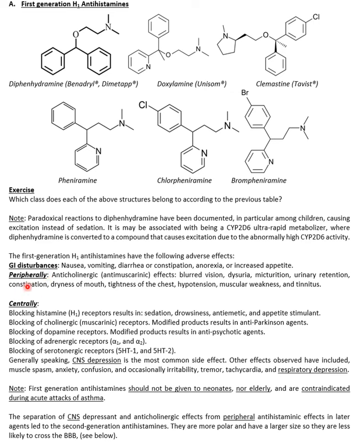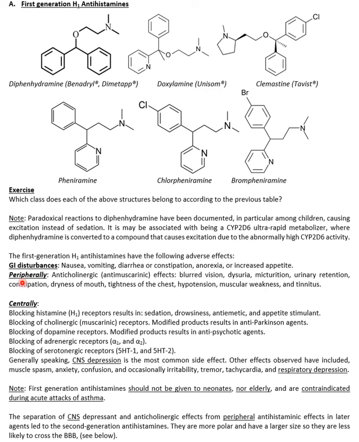But they also have side effects due to their peripheral action on the cholinergic receptors, producing anticholinergic effects such as blurred vision, dysuria, urinary retention, constipation, dry mouth, tightness of chest, hypotension, muscular weakness, and tinnitus.